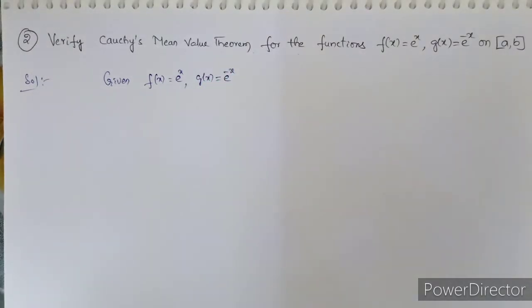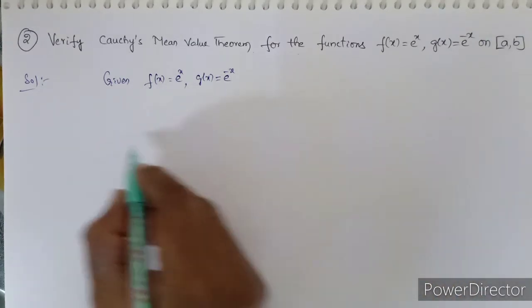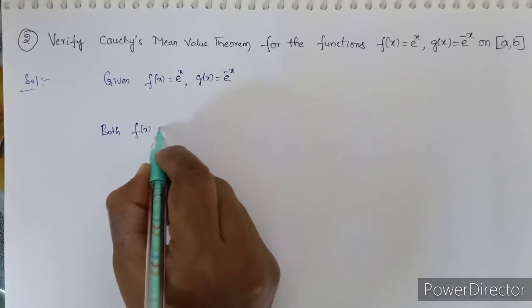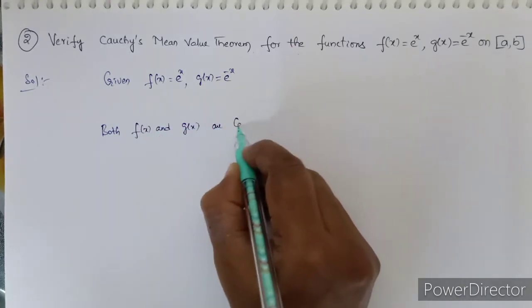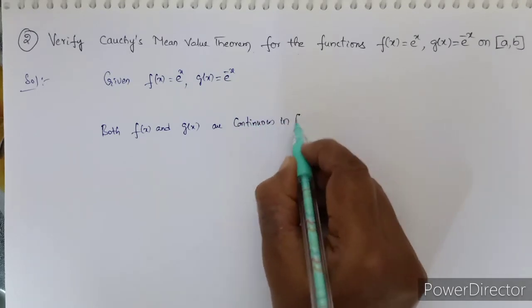Both are exponential functions. In the previous problem we have seen polynomial functions. Now we have taken exponential functions. We know both f of x and g of x are continuous in the closed interval a comma b.